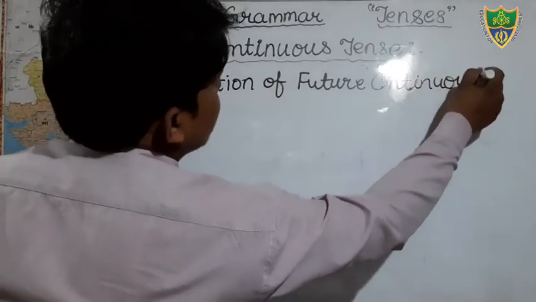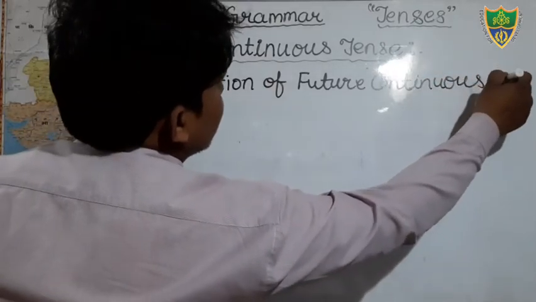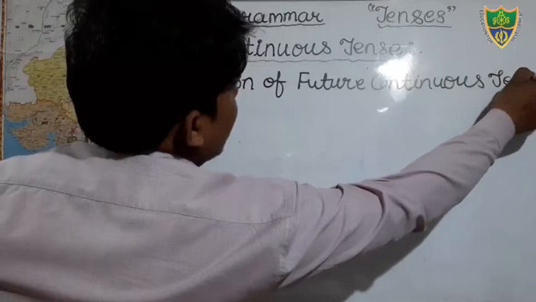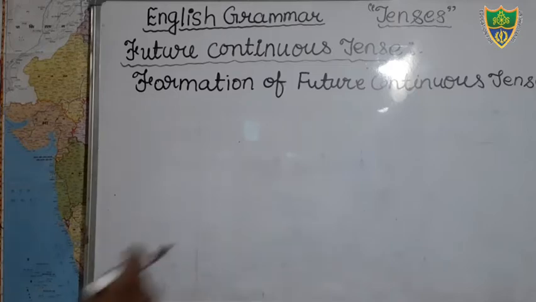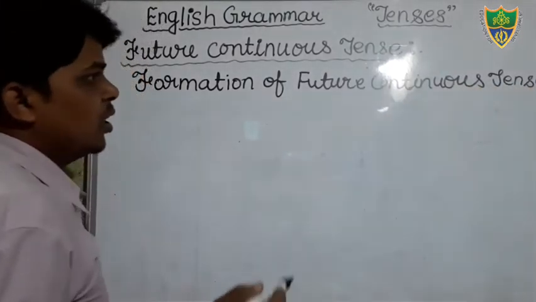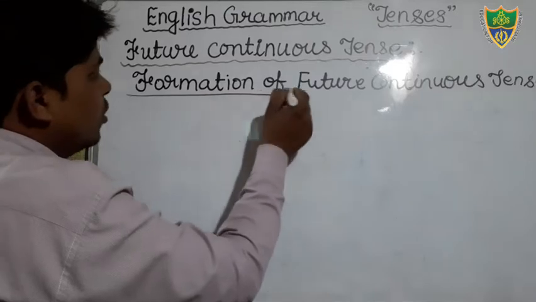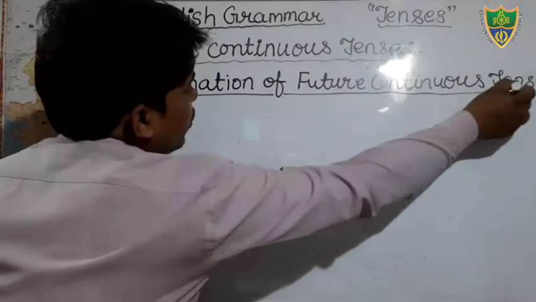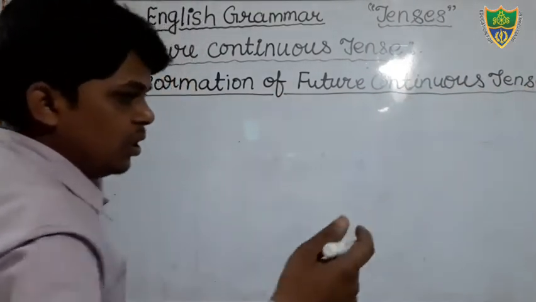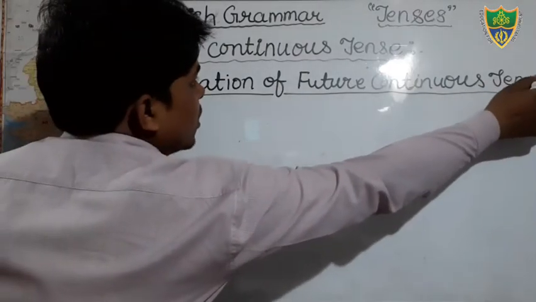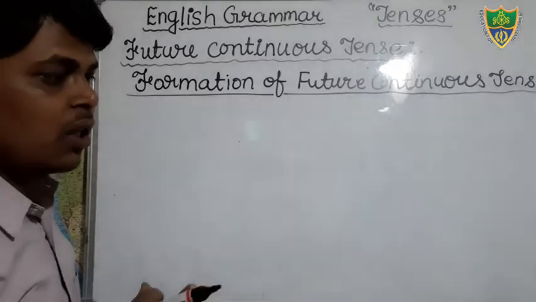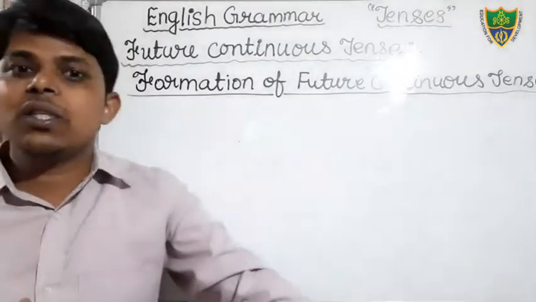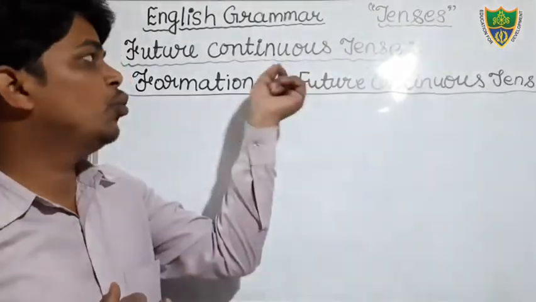I think it is visible to you. The word tense, T-E-N-S-E. If it is not visible to you, you can write here T-E-N-S-E. Okay, you put this heading: formation of future continuous tense. How to form the sentences of future continuous tense.